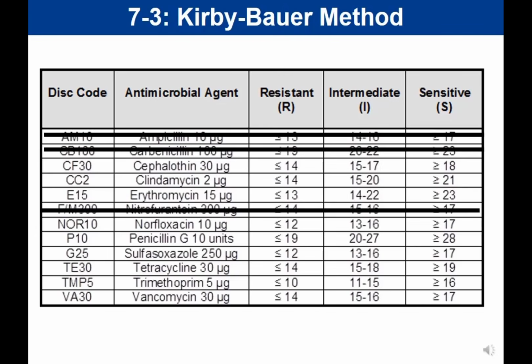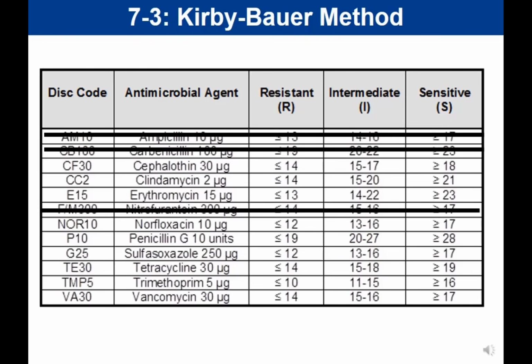So if you were given this table and let's say you measured the P10 disc, this is what's written on the disc, the P10. If I measured P10 and let's say my zone of inhibition was 25, notice that 25 falls between 20 and 27. So if I'm at 25, I would record that the bacteria is intermediate susceptible to this drug, right?